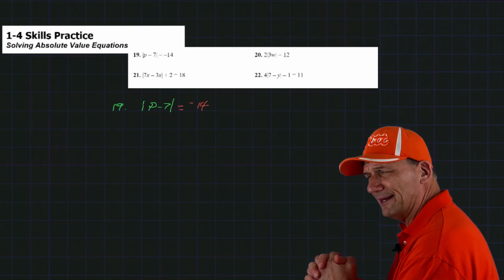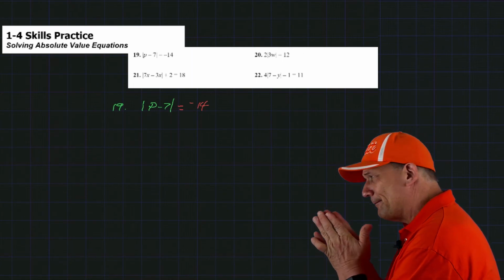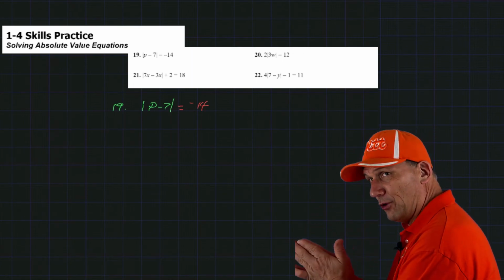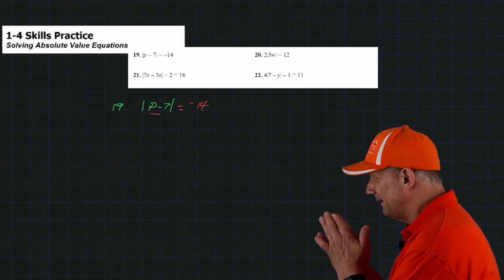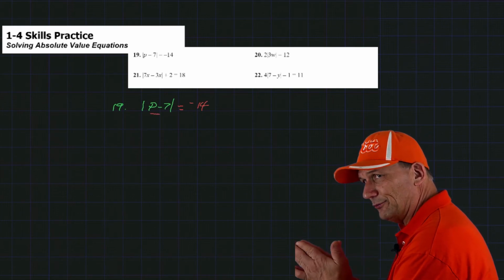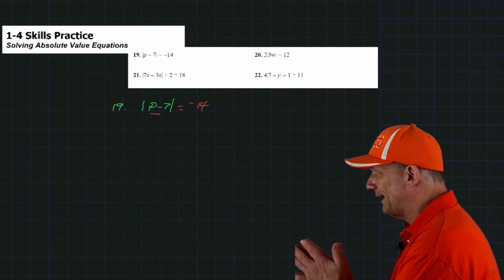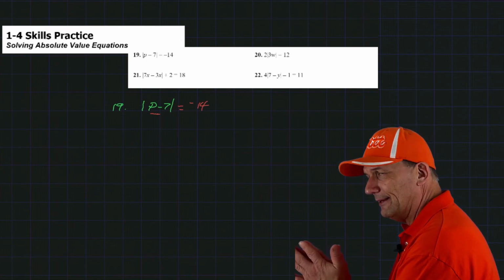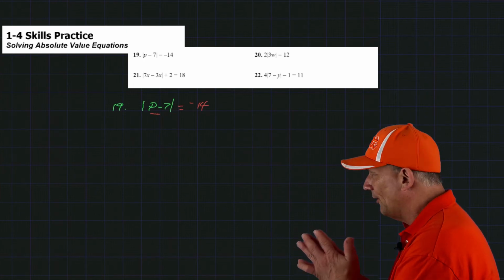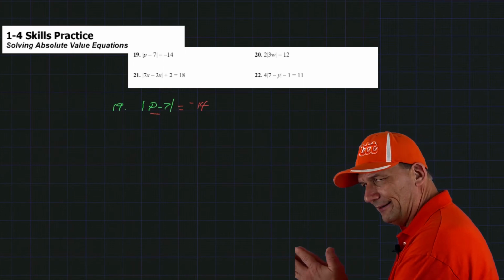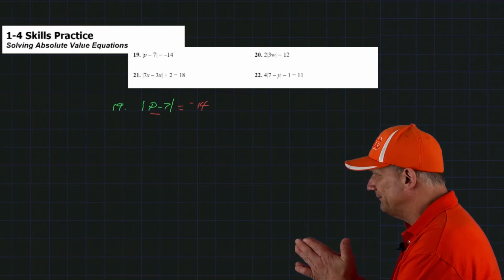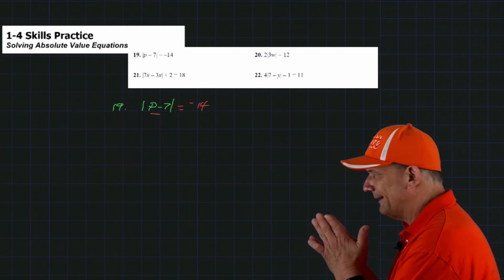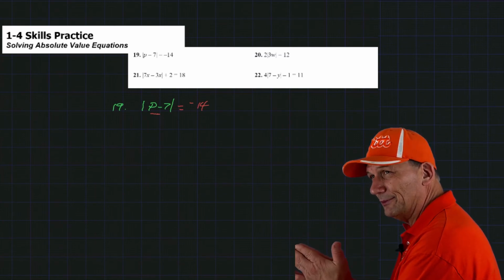Now I want you to think about that. What am I saying? I'm saying something wrong here. There's something that I'm saying that is not true. So the absolute value of P minus 7 equals -14. What part of that equation did I just say that is not true or cannot be true?